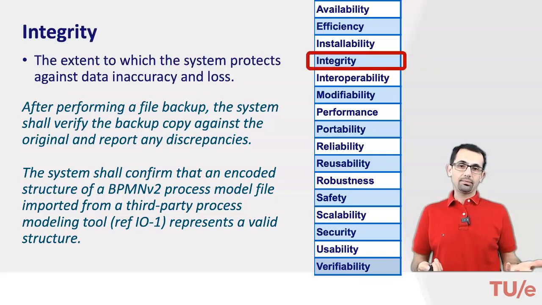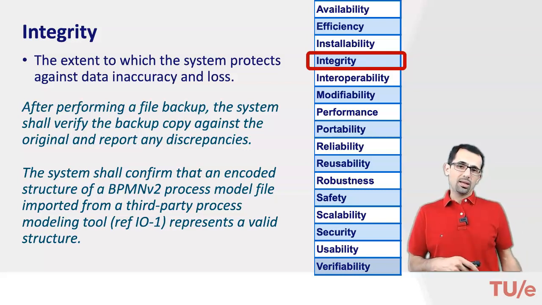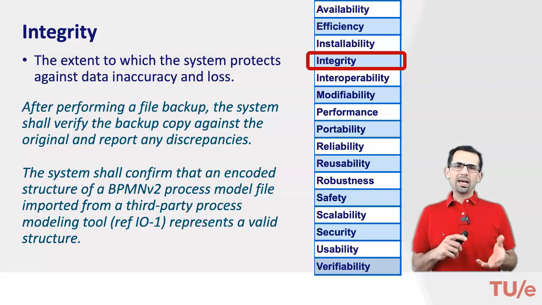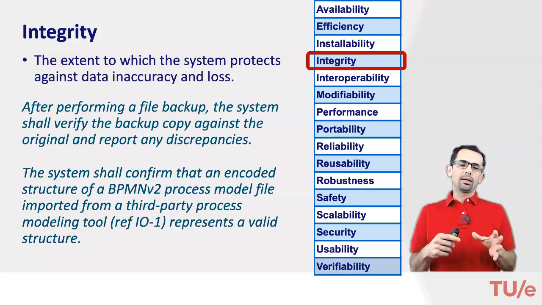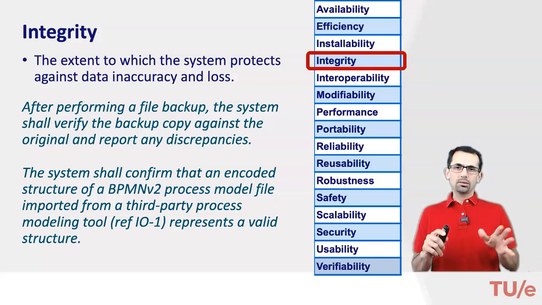It's integrity, the extent to which the system protects against data inaccuracy and loss. As you may guess by now, some of these statements might be translated later into functional requirements, because we expect the system to do something, but not necessarily. Okay, just keep that in mind.